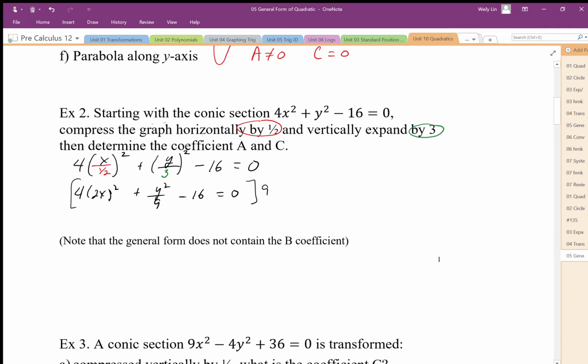Okay, so I'm going to end up with 2 squared is 4 times 4 is 16. 16 times 9 is 144 x squared. So there's my A, plus 1y squared minus 144 equals 0.